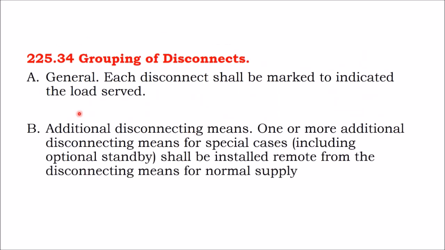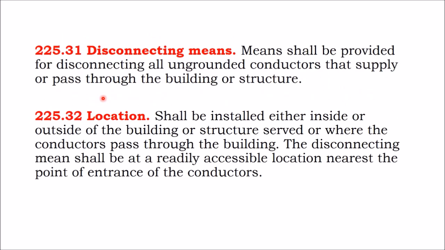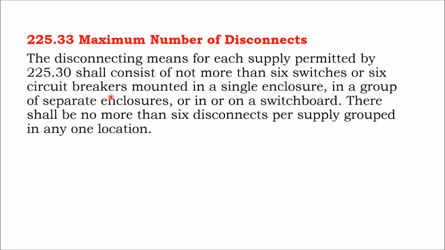And so when we're talking about grouping these service disconnects, what we're saying is you could have a service disconnect that's one main breaker and dozens of sub breakers. But if you only have 6 circuits that need power supplied, you don't need that main breaker. So you get into service equipment that's called main lug only.